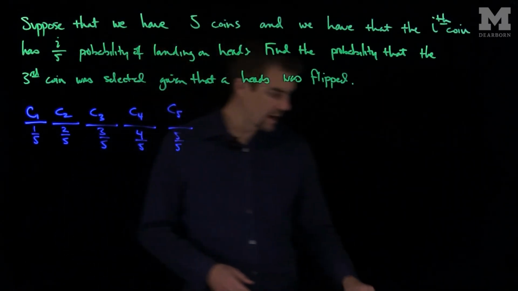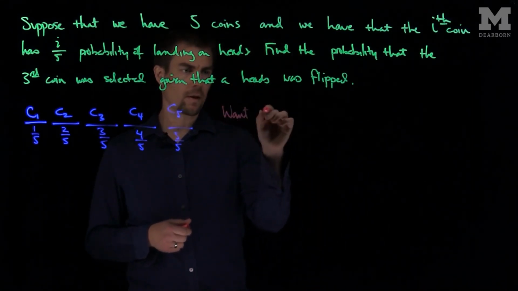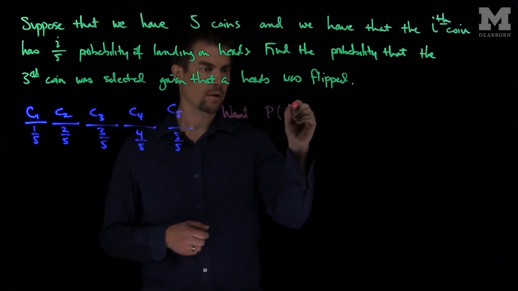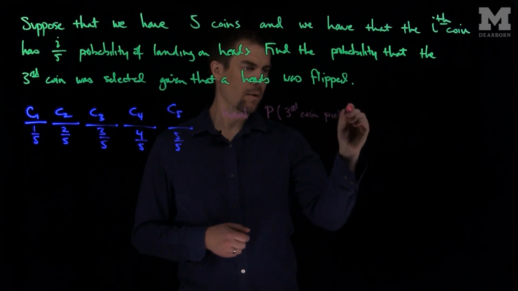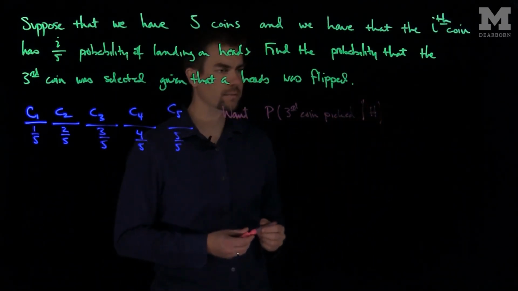So what we are after is the probability that the third coin was selected given that we had a head.